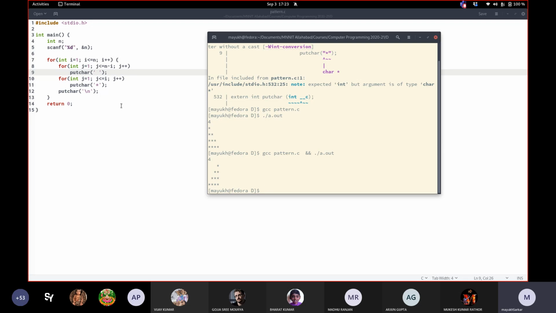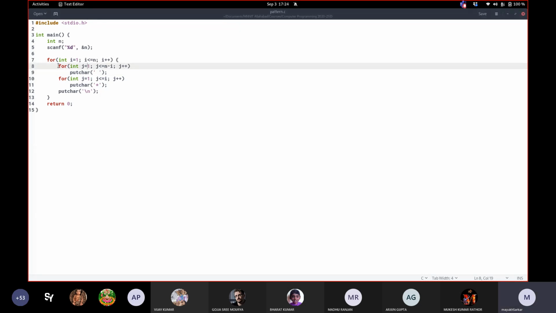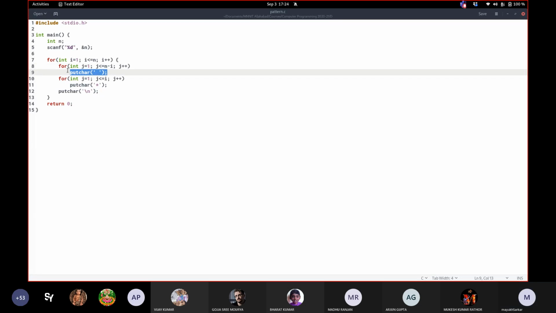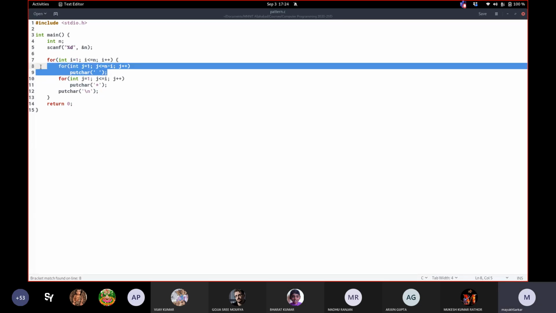But observe one thing, which I think all of you have observed by now. I am not declaring i in any of the inner for loops, because that would make the same variable declared twice, which is an error. But here I am declaring j two times because this j has scope only within this for line.